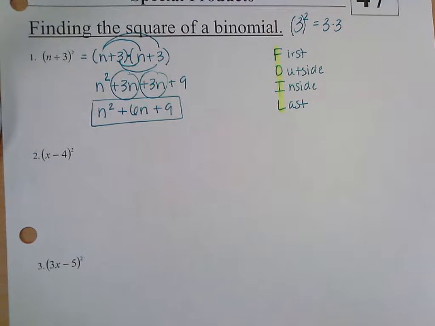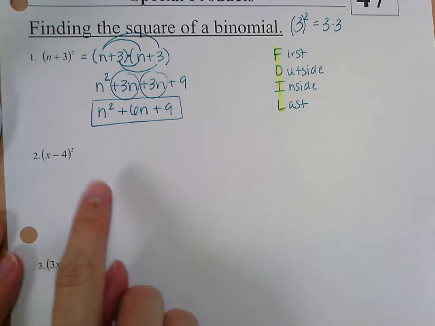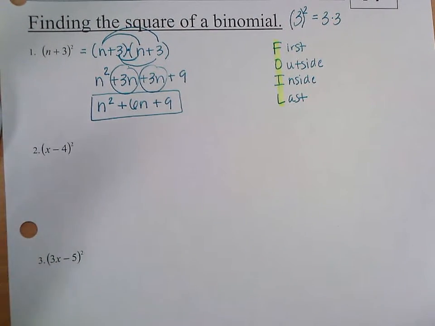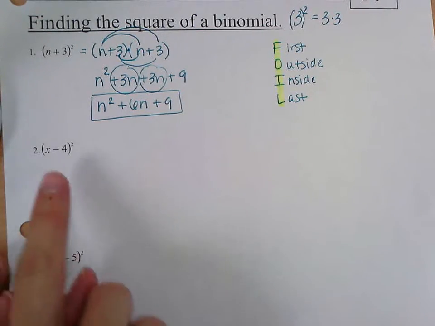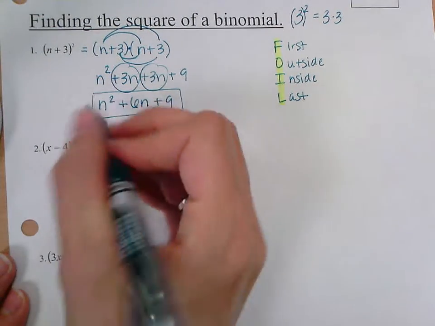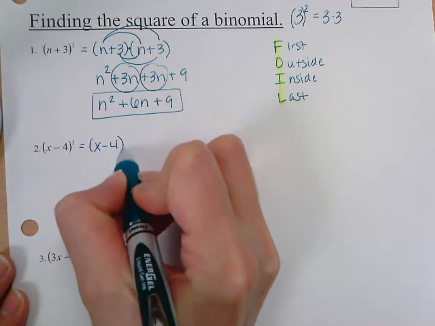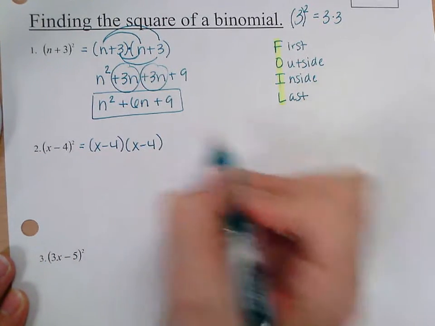I do want to show you the box method for example two, because I didn't show that for just FOIL, but like I said, some of you used it yesterday. So x minus 4 quantity squared. My first step is to rewrite it. This is x minus 4 multiplied by itself.